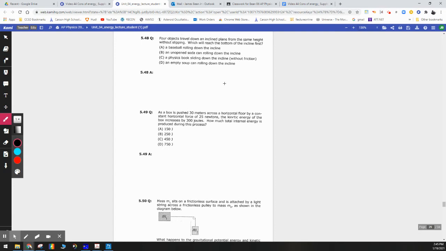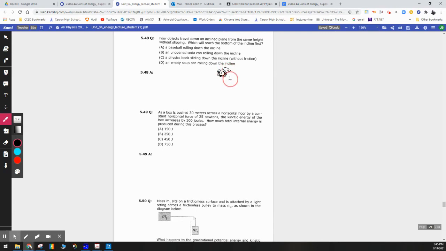Okay. All right. Now we have not yet talked about rotational motion. But if something is rolling, I'll give you a little preview here. Let's say we have a sphere here or a tire, and it's rolling like this.